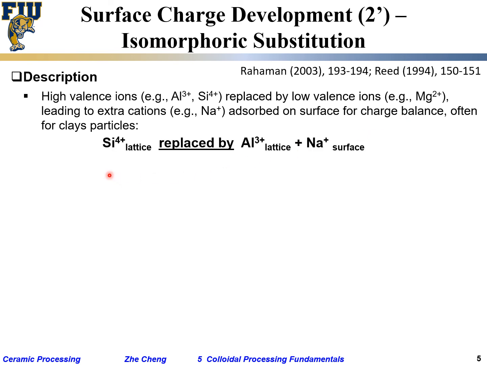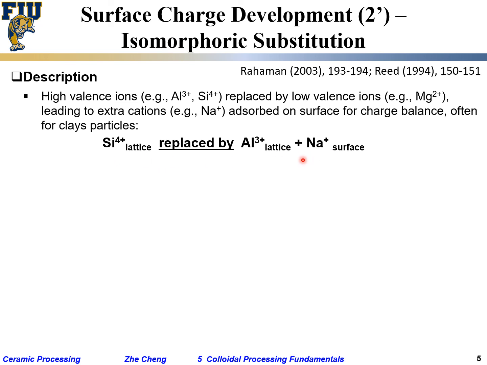In this case, one example would be silicon ion in the ceramic replaced by aluminum ion. Silicon ion has valence plus 4, aluminum has valence plus 3, so it's not a neutral one. For charge compensation, quite often this clay would have the surface attached to some so-called sodium ion, positive, so that I have 3 plus and 1 plus, together I have 4 plus.